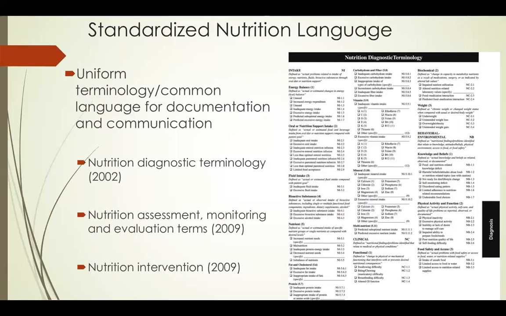When somebody says malnutrition, there's specific parameters for what qualifies as a patient having malnutrition. When we have underweight, we have specific parameters for that as well. Food medication interactions, etc. And so this allows us to use evidence-based practice to document our nutrition assessment, diagnosis, intervention, all with standardized care. And this provides for better overall assessment of outcomes and stronger reimbursement for nutrition professionals.